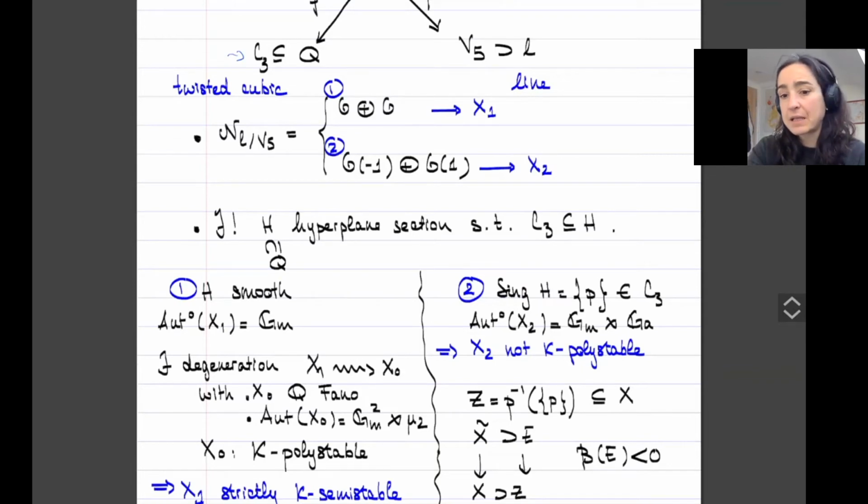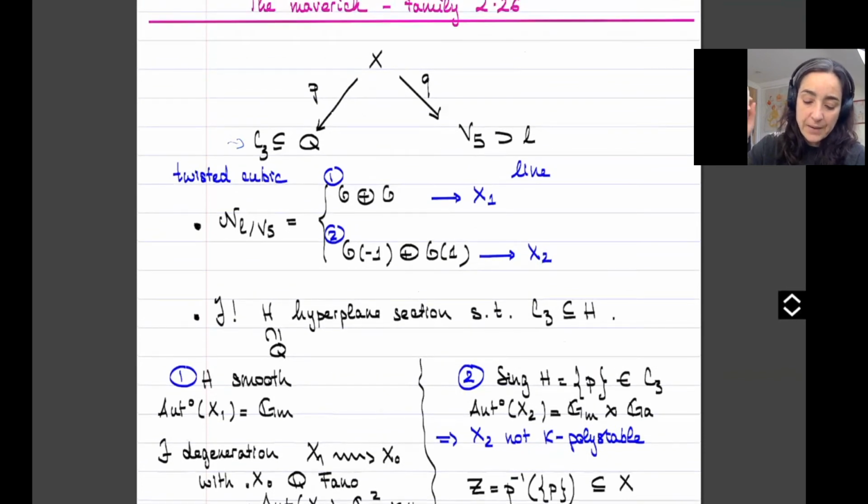But you could ask, is it K-semistable? Well, it's actually not K-semistable either. It is divisorially K-semistable. There's no divisor on X2 for which the beta invariant is negative.